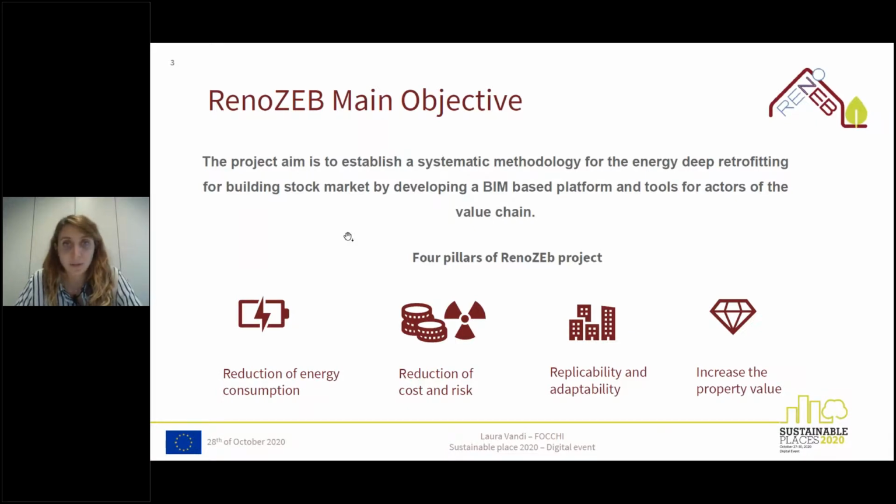The renoZEB project is based on 4 pillars, which are the reduction of energy consumption, reduction of cost and risk of the retrofitting intervention, the replicability and adaptability of the methodology in the building stock market, and increasing the property value of the building after the renovation intervention.